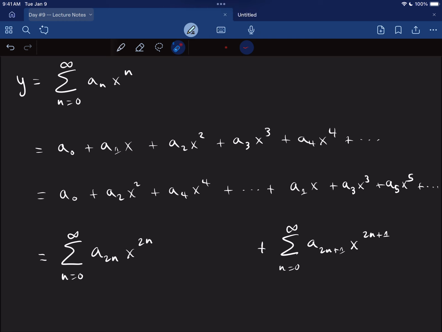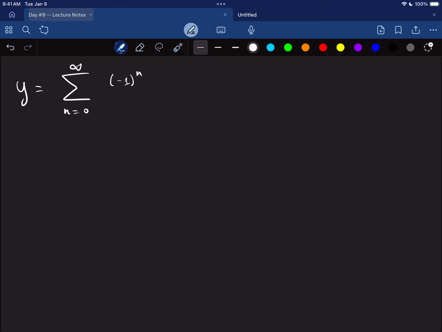I'll just write them out. So this was our a sub 2n, and then it is, of course, multiplied by the x to the 2n.